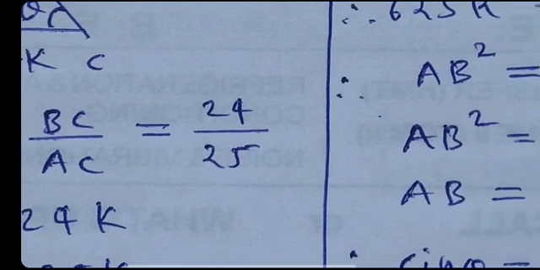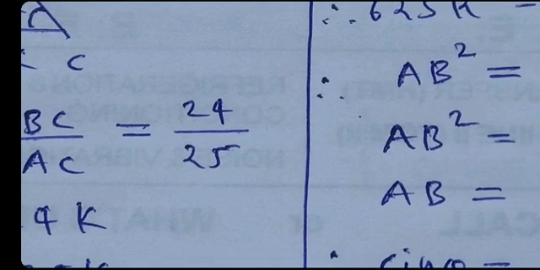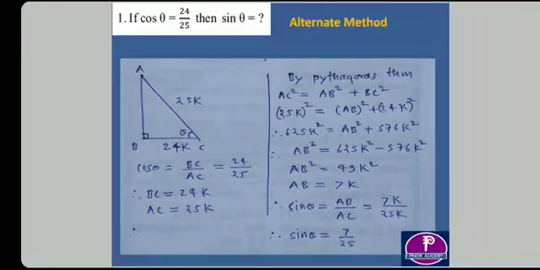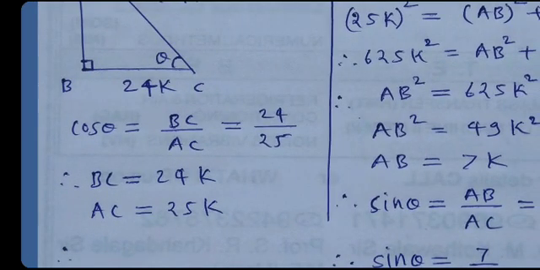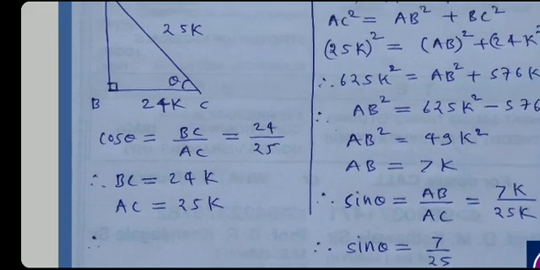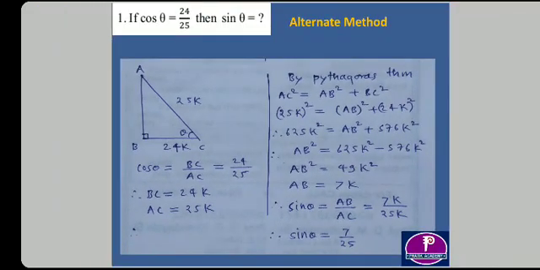But what is given? Cos theta is equal to 24 upon 25. So equate both these, then we get BC is equal to 24K and AC is equal to 25K. K is the multiplier here. Okay, then use the Pythagoras theorem in triangle ABC.